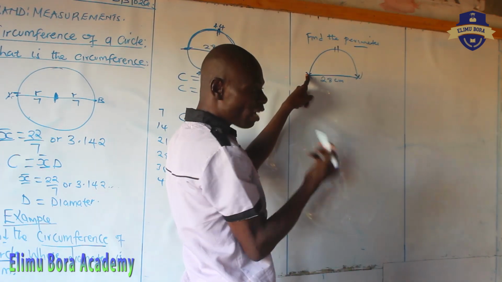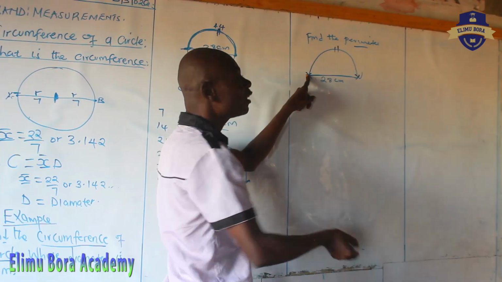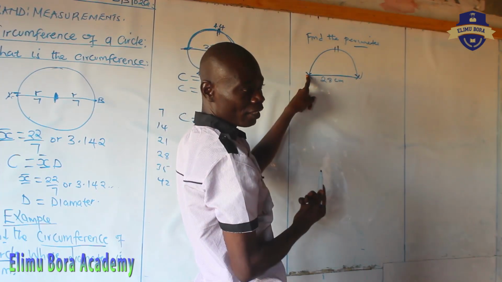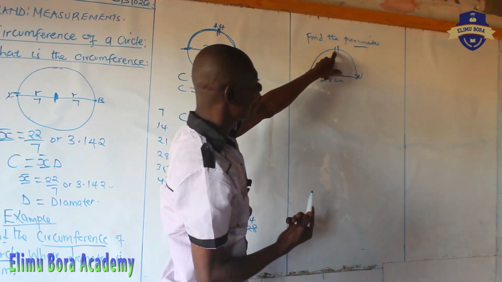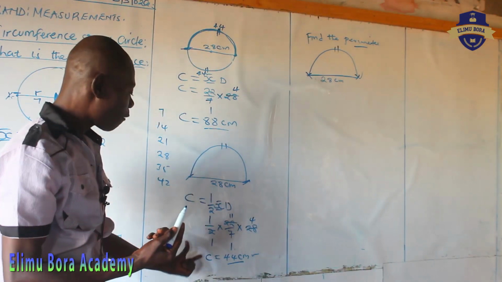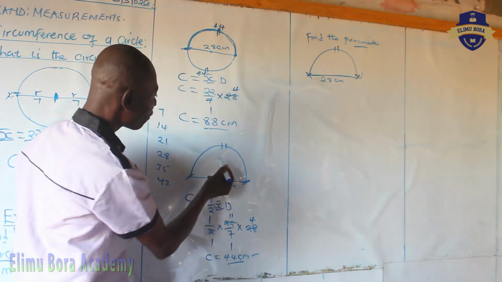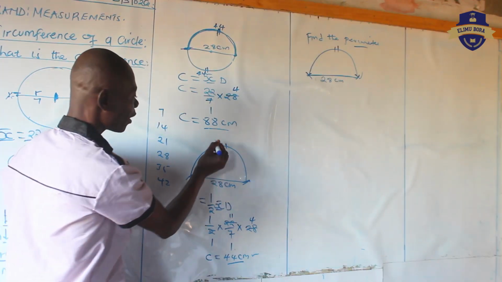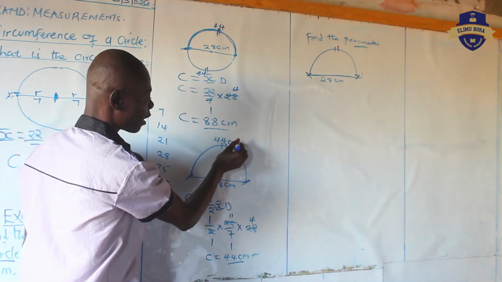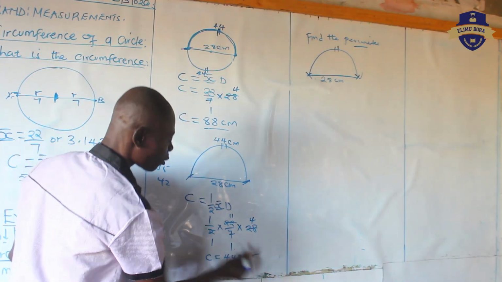But when we talk about circumference, we only deal with the curved line. Circumference of a semicircle is half pi d, meaning this curved line is 44 centimeters. That's the answer for circumference.